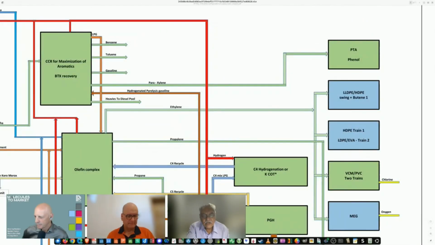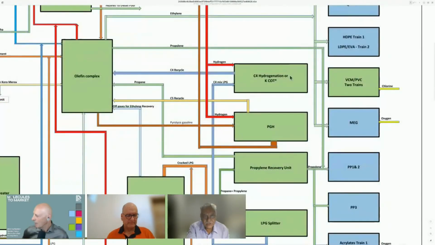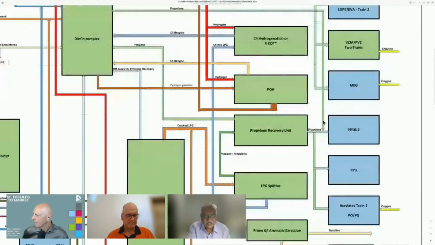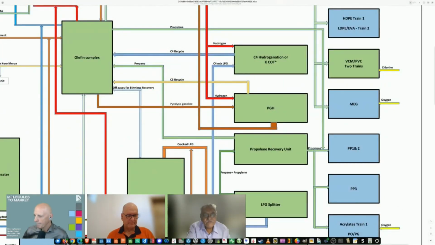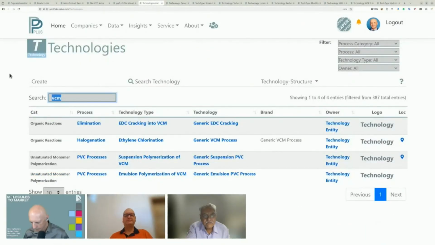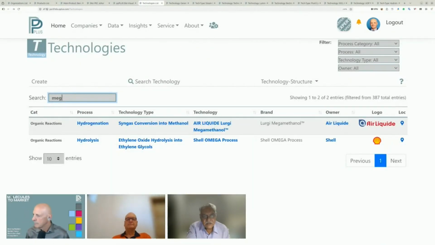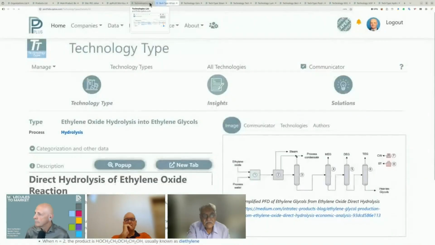Then when you go down, you see MEG. MEG in India, mostly it's been between Scientific Design and Shell. Ethylene oxide, glycol.